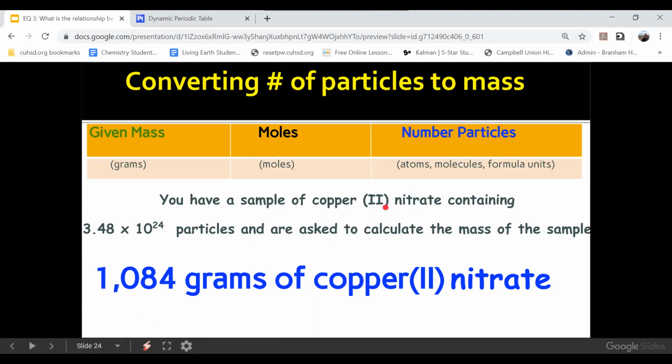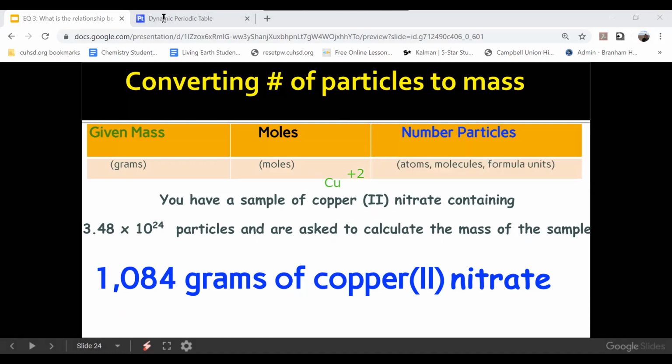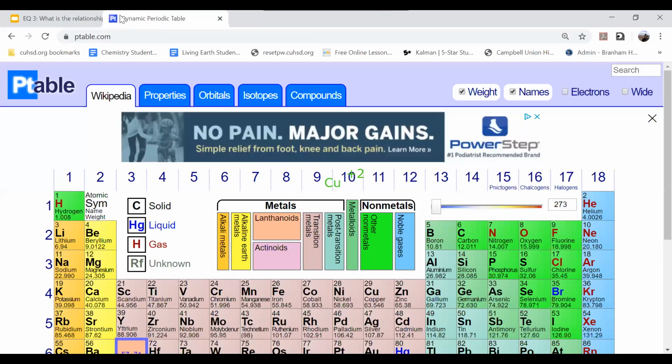Remember that copper(II) means that it's going to be a copper with a charge of +2. You're then going to have your nitrates. You're going to have to look at a polyatomic sheet. If you don't have a polyatomic sheet and you don't have your periodic table, you can always just look up a polyatomic table in Google, and it should find them for you.